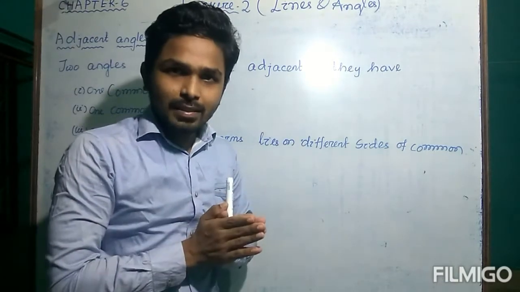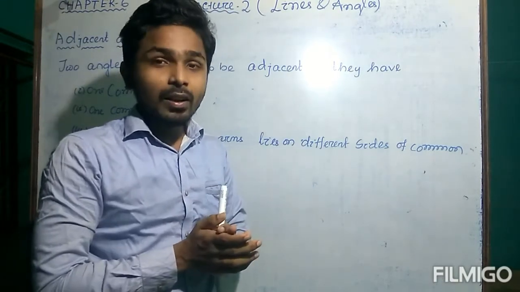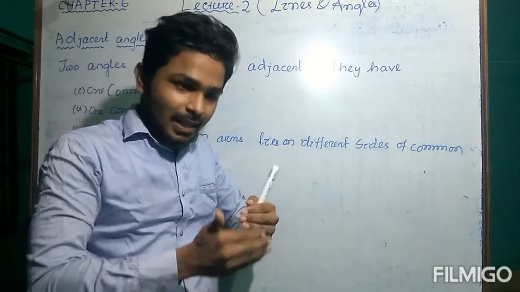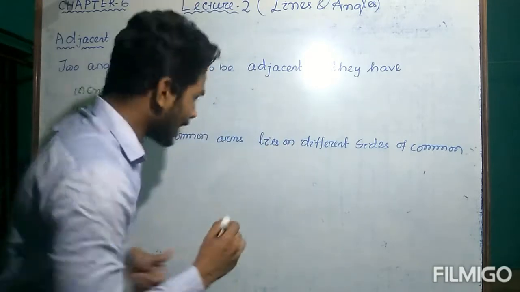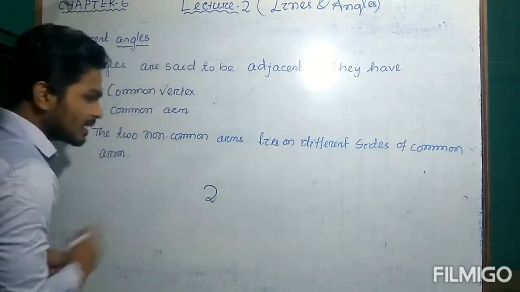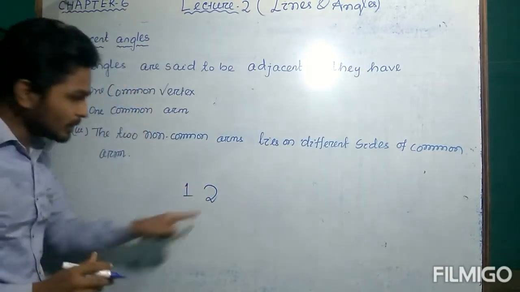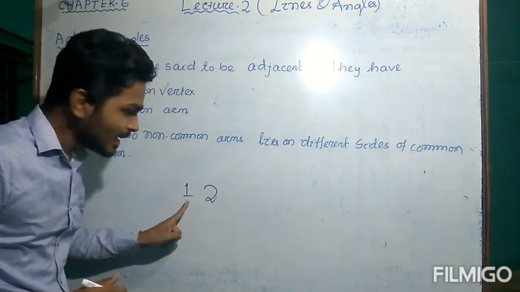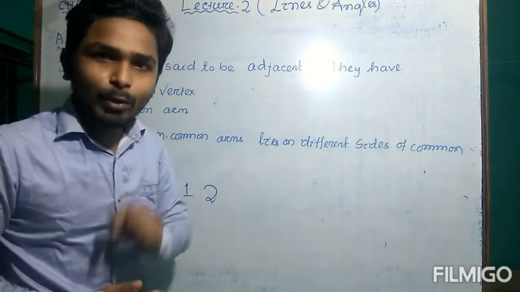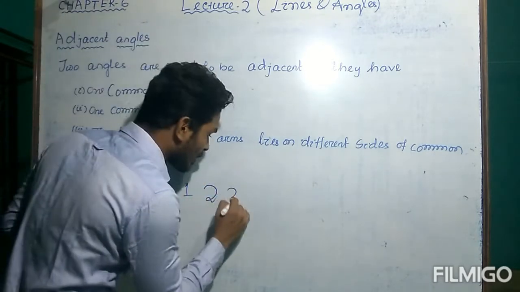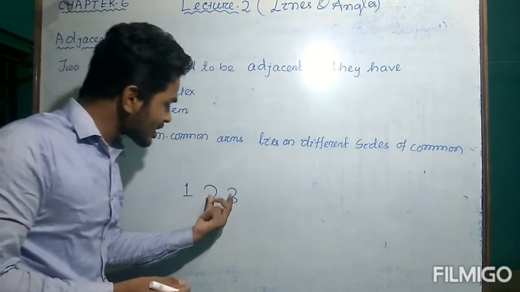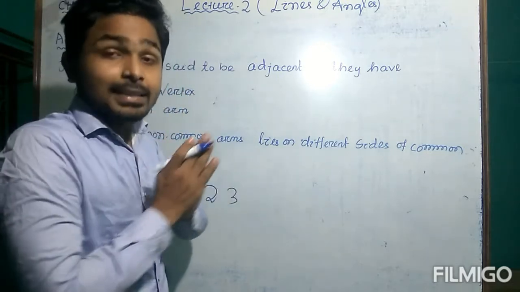Adjacent means neighborhood, or one angle lies just next to another, like this. Suppose 2 lies just next to 1, 2 is the successor of 1, so 1 and 2 are neighbors. Similarly 2 and 3 are neighbors because they lie near each other.